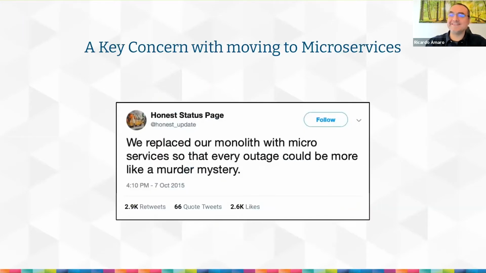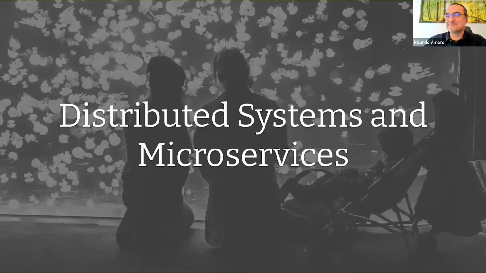So at the end of the day, just be aware that when people replace the monolith they have in-house with microservices, they are often caught by surprise with this problem. You know, like every outage could be converted into a murder mystery. So, distributed systems and microservices.